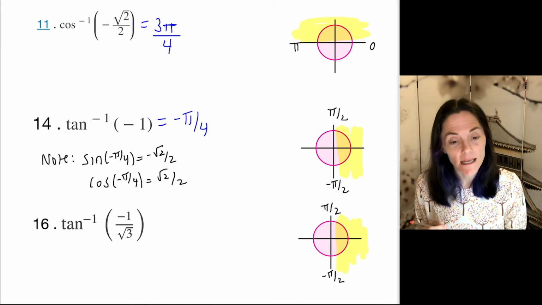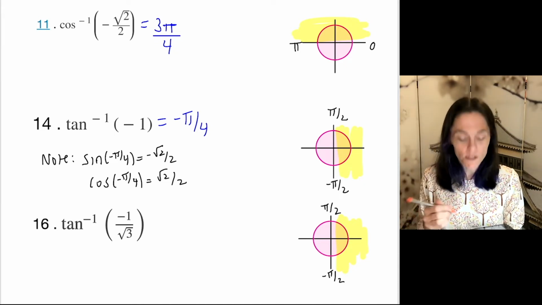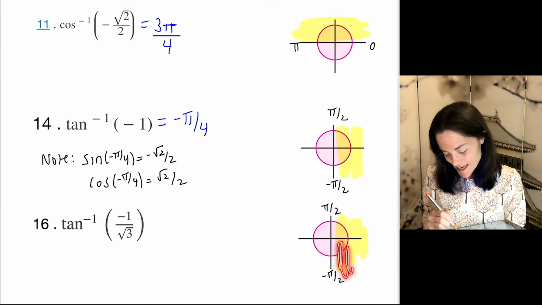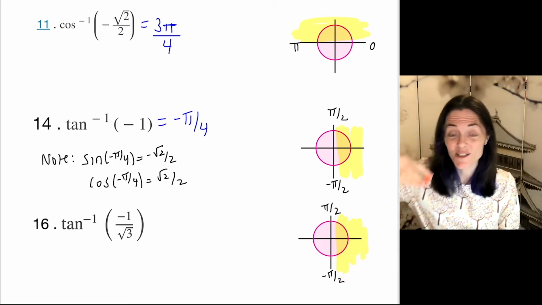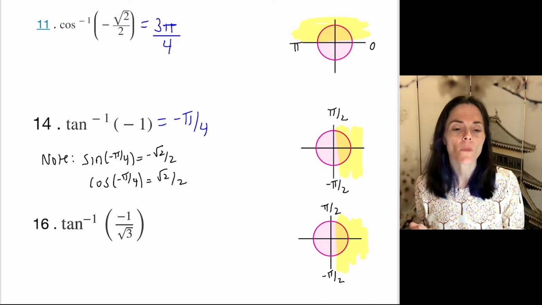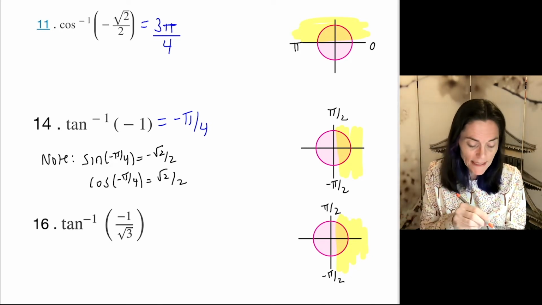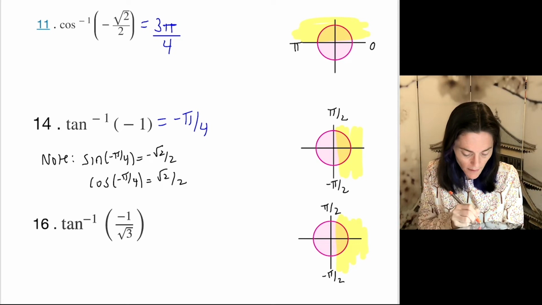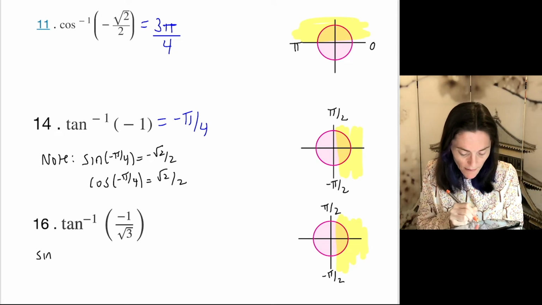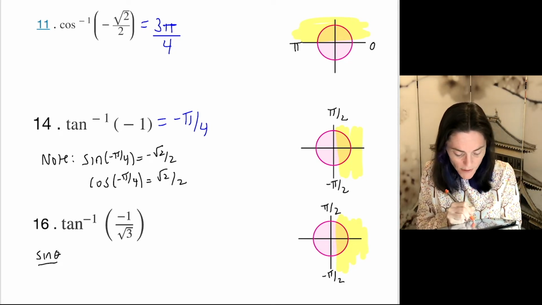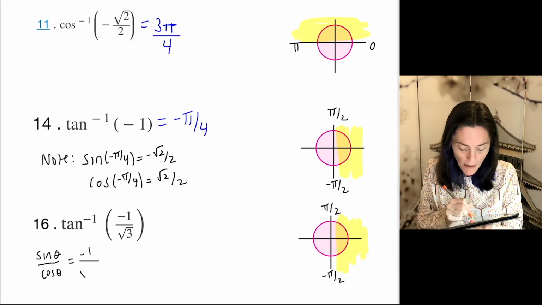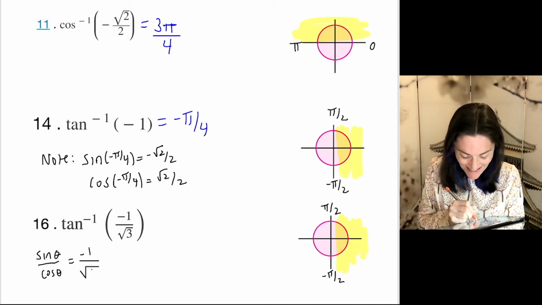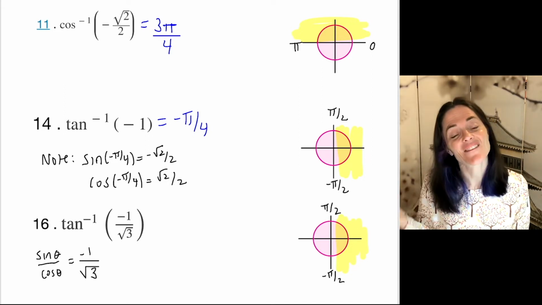Now, we want the tan inverse of -1 over square root 3. Once again, as I mentioned, this will be in this quadrant 4. It'll be between minus pi over 2 and 0. We have to remember tangent is sine over cosine. So we want the sine theta over the cosine theta to be -1 over the square root of 3. Now, we had one similar to this in the lecture video.